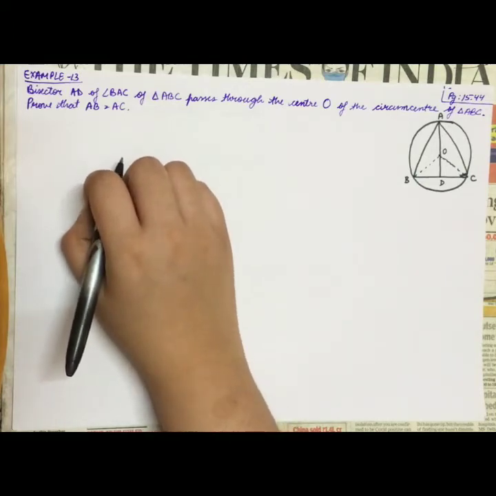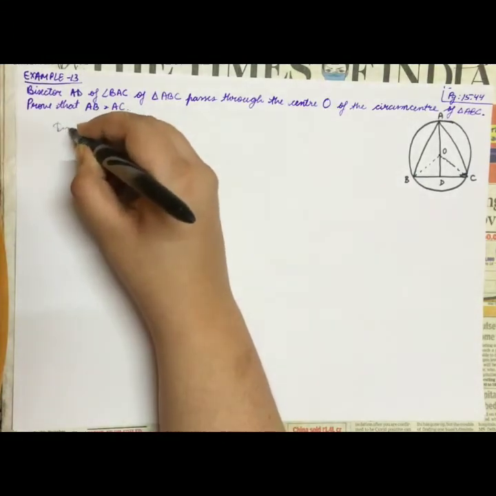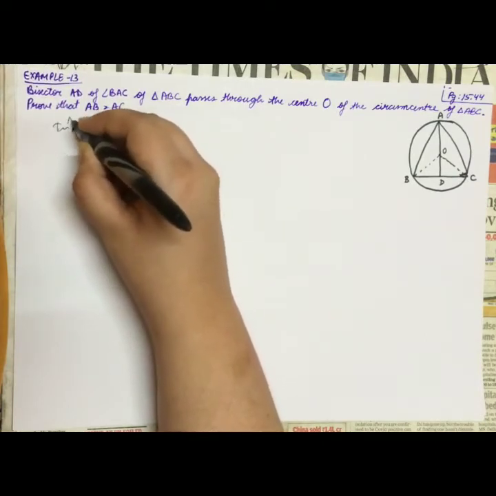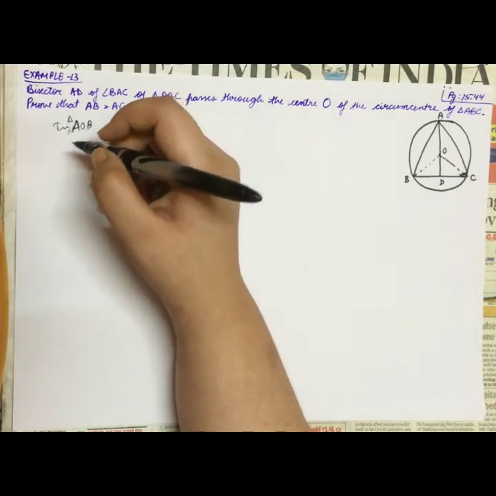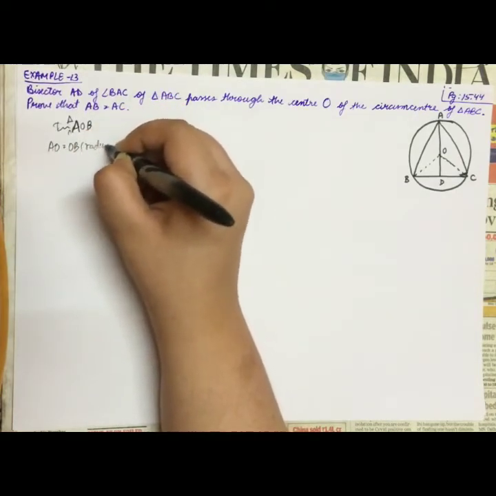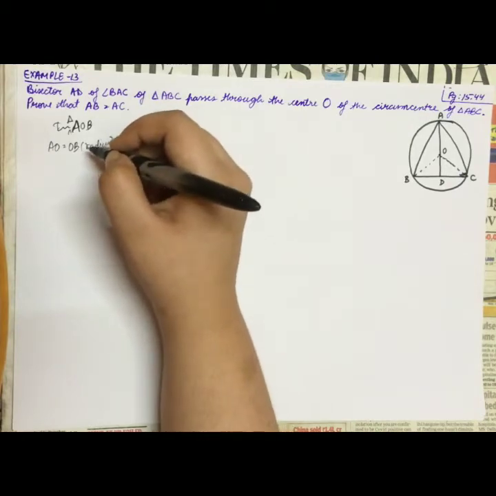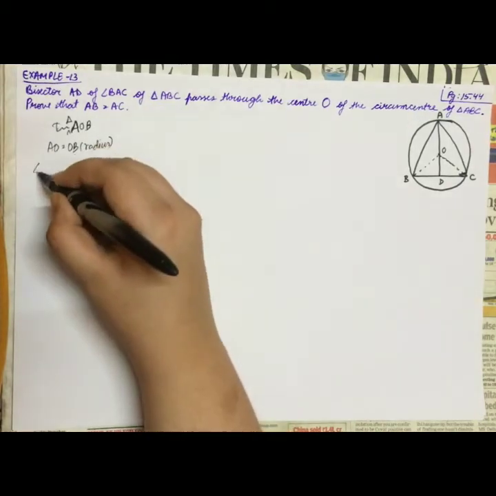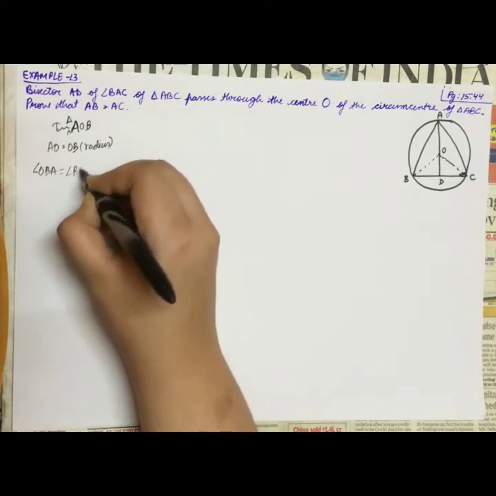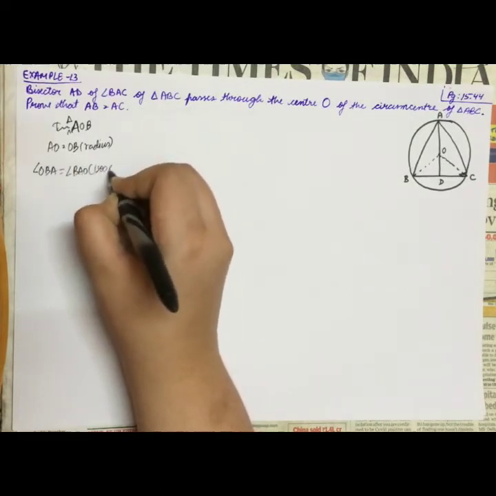So we will first start with triangle AOB. AO is equal to OB, since they both are radii of the circle. So their opposite angles, that is angle OBA, will be equal to angle BAO because of the isosceles triangle property.